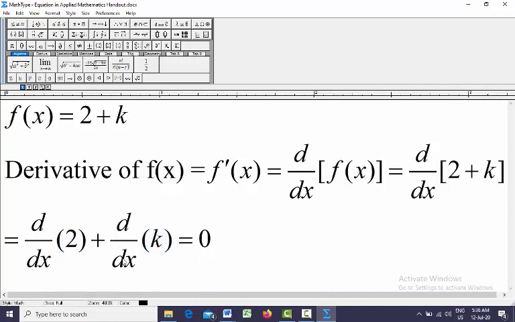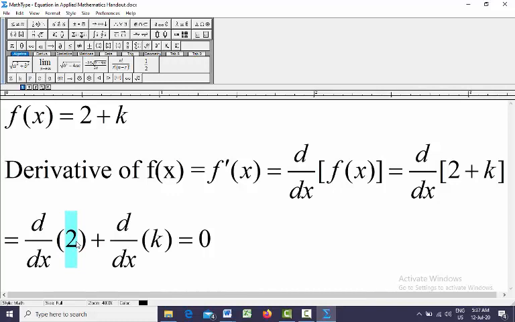And remember, the rule of differentiation dictates that if you want to do differentiation, you must have a variable inside the bracket. You can only do differentiation of a variable.